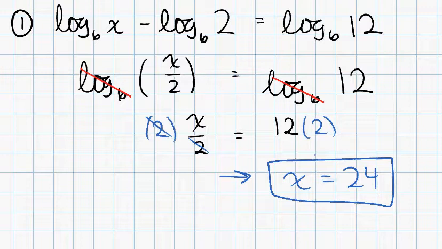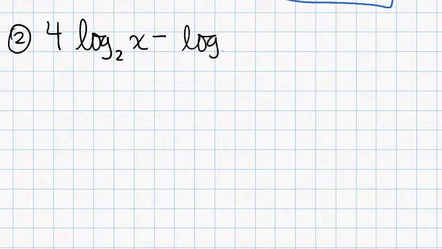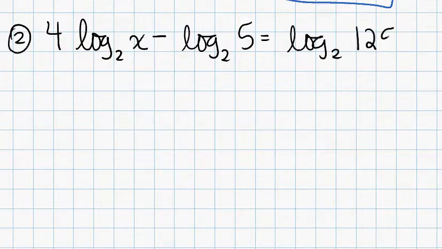All right, let's try it again. Number 2. 4 log base 2 of x minus log base 2 of 5 equals log base 2 of 125.